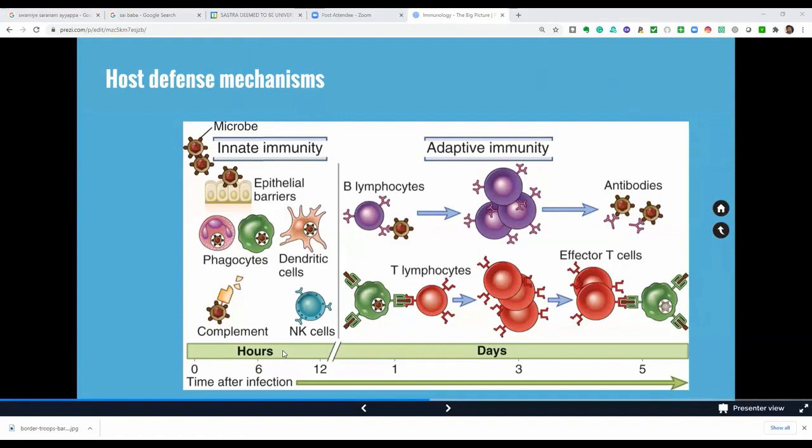It may take several days. That is why I mentioned this point in my previous lecture. Whenever we have any viral or bacterial infection, doctors will not prescribe any antibiotic immediately, because they will allow our body to enable the adaptive immunity.